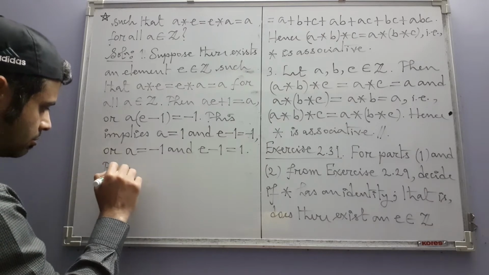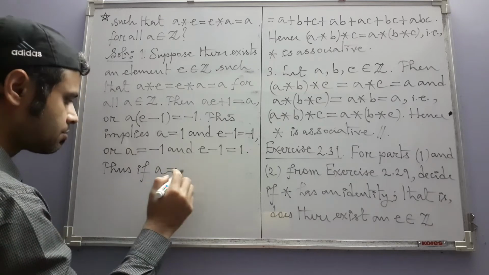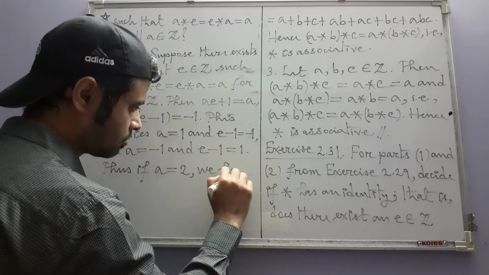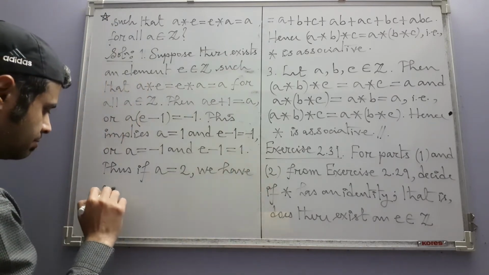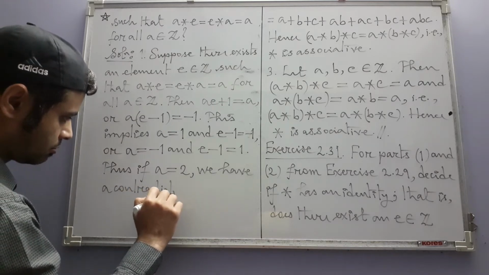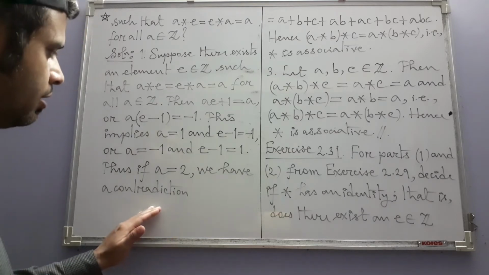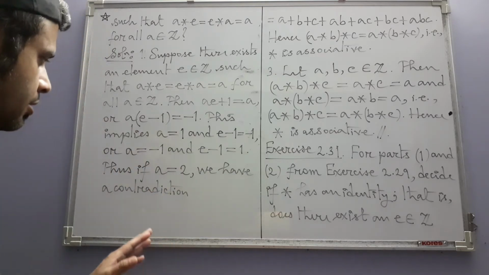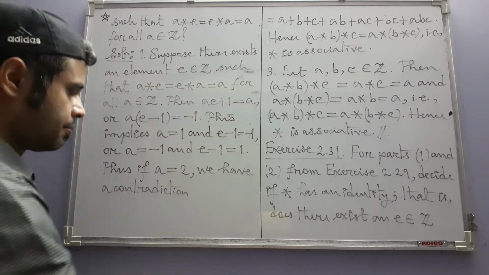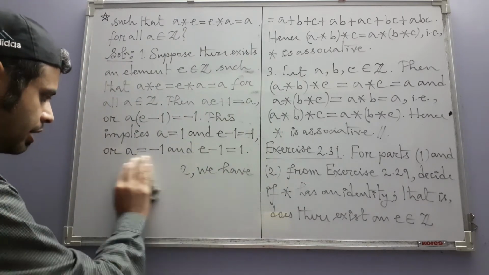Thus, if a is, for example, 2, we have a, or in fact no, the contradiction is not conditional. We already have obtained a contradiction because our statement is for all a, and here we have found only two values of a. So instead we should write like this.